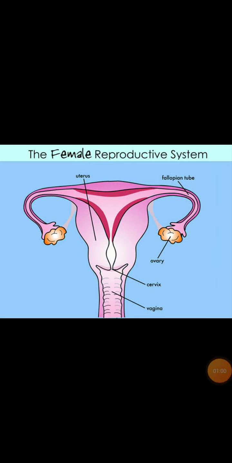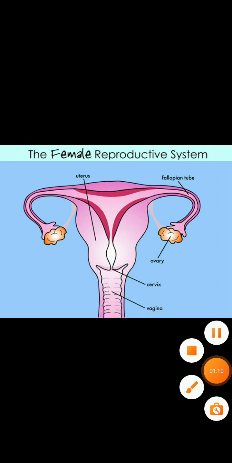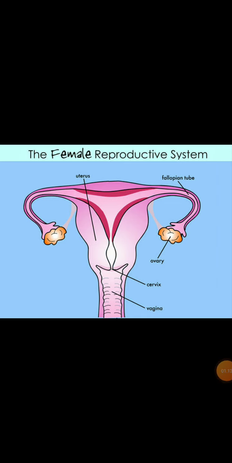What is the location of ovaries? Ovaries lie inside the abdominal cavity of a woman. Recall that the male testes are located outside the abdominal cavity, whereas here the female ovaries lie inside the abdominal cavity of a woman.